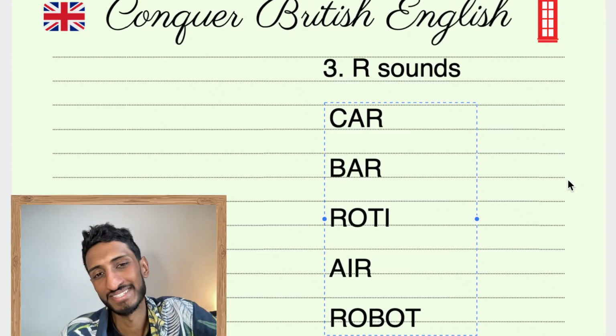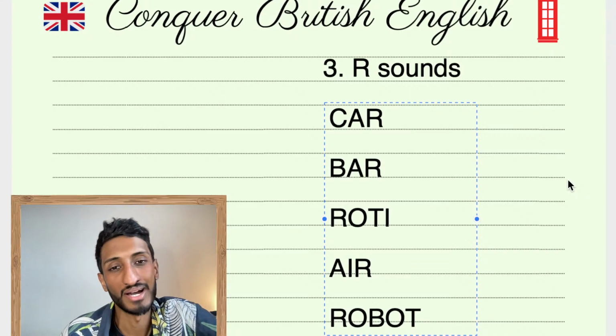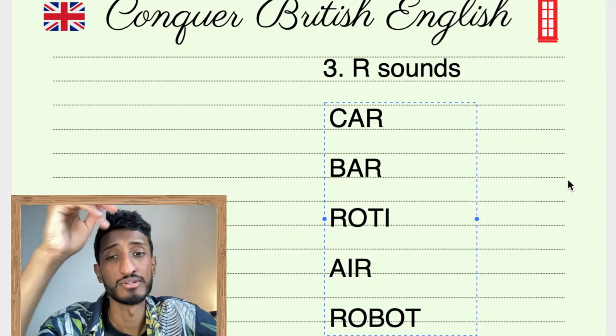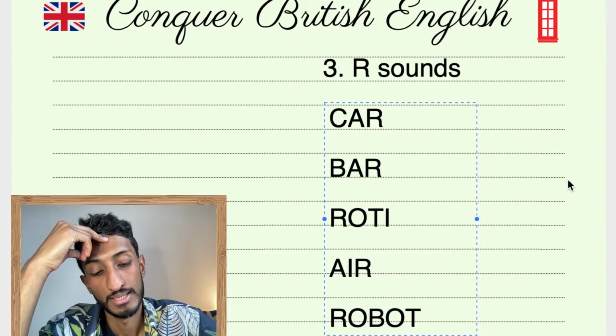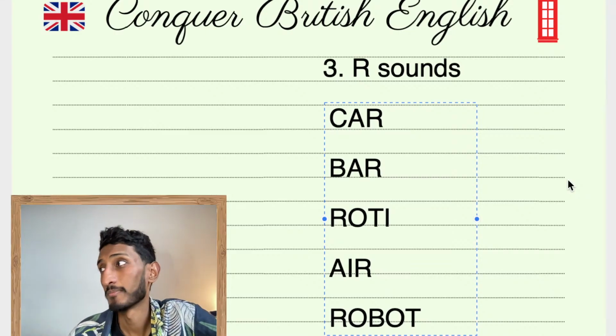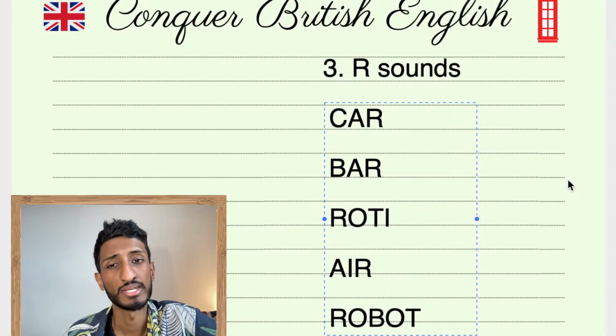So let us analyze the words car, bar, roti, air, and robot. And I think the interesting thing I wanted to let you know is that the word roti, I actually with my friends pronounce this roti.